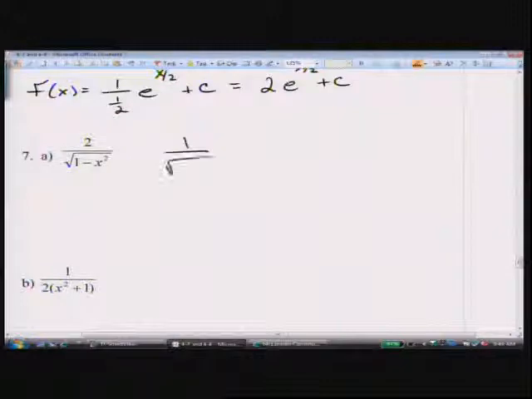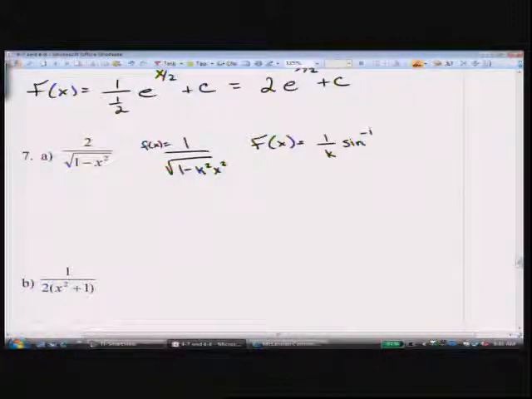If 1 over the square root of 1 minus k squared x squared is your little f of x, then its antiderivative, big F of x, is 1 over k inverse sine kx plus c.